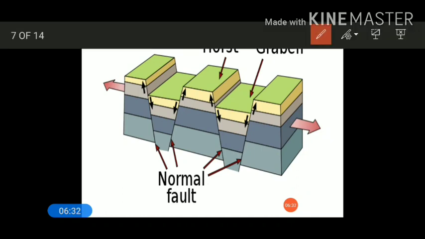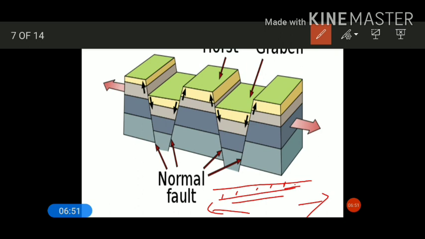A faulting has taken place. Faulting means simply, say for example, this is a layer of rock. When this layer of rock moves in opposite directions, one block is moving in this direction, then a tension is created in between this layer, and a crack develops here, and this block subsides and falls down here.